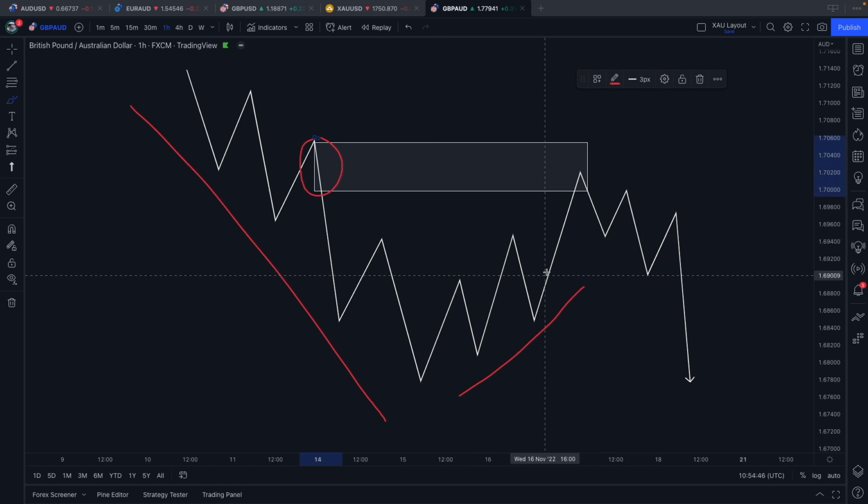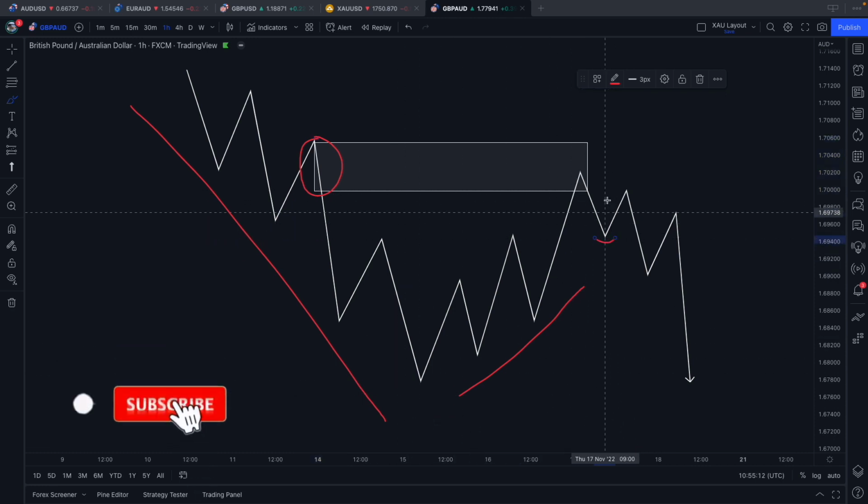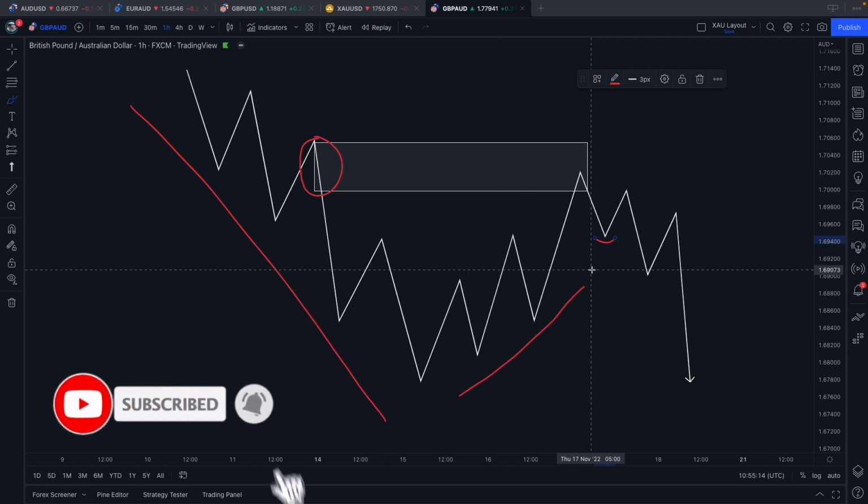So when we have the penetration of a point of interest, we don't look to execute as soon as we see rejection from this zone. Now, yes, you could look fractally within this change in structure, but that isn't giving us the ultimate confirmation we need. What we would want realistically is a break in this low to confirm that yes, this corrective wave here has finished and the next impulsive one is inbound.